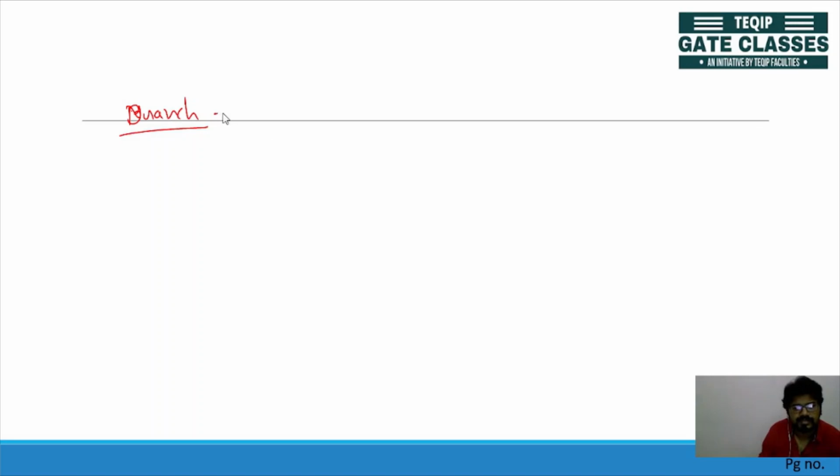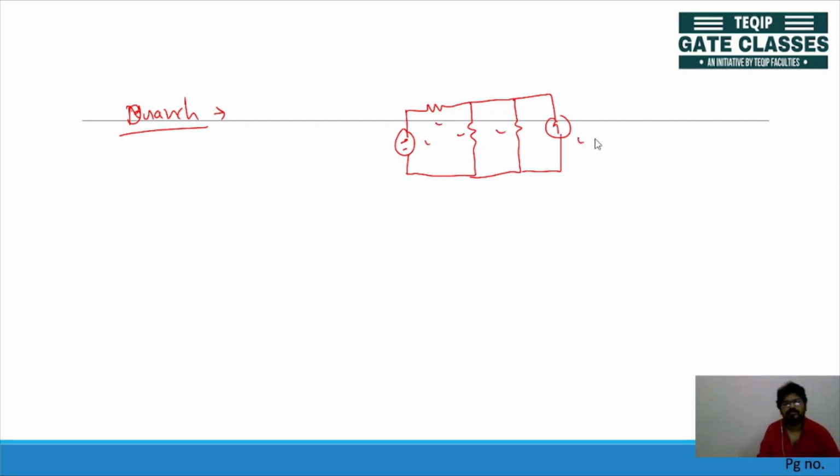If there are 5 elements in the circuit, then you can say there are 5 branches in the circuit. Like if we have a circuit like this, you can say there are 5 branches, 1, 2, 3, 4 and 5.